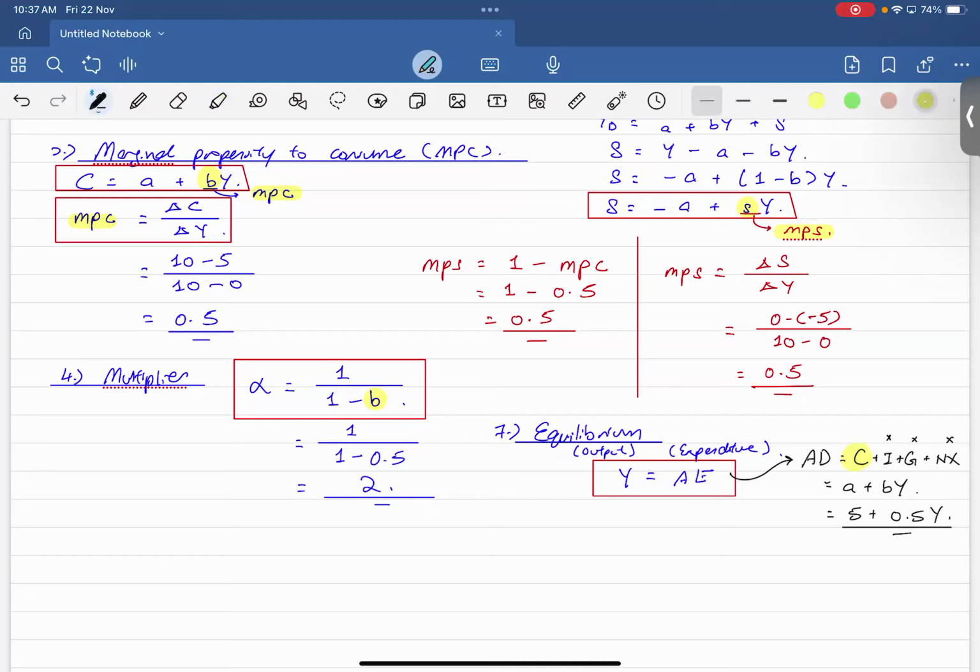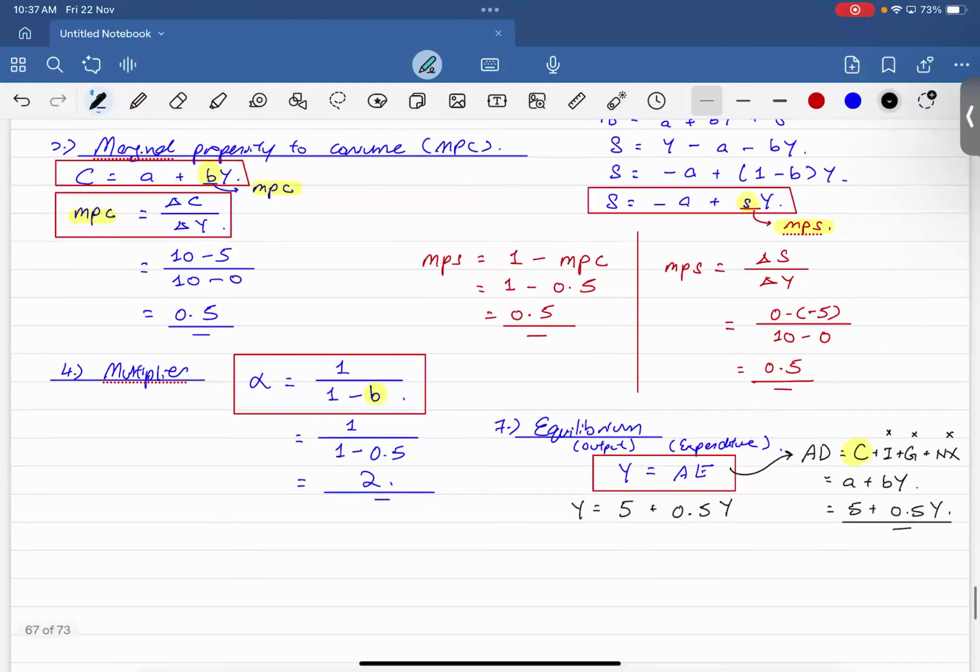So now I can write it like this: Y equals, my AE is my aggregate demand, which is 5 plus 0.5Y. Move the Y to the left, then minus, and at the end you will get the answer, which is 10.